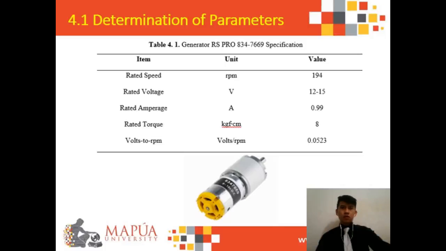It is rated at 194 RPM, 12 to 15 volts, and an amperage rating of 0.99 amperes, a torque rating of 8 kg-cm, a volts per RPM of 0.0523, and a generator efficiency of 60%. The datasheet of the generator can be found in Appendix Q.